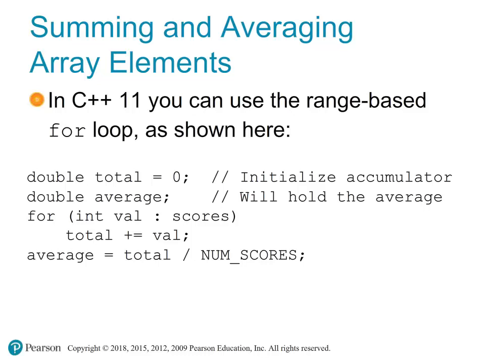This way, total will contain the sum of all elements in the array once the loop is done. After the sum is calculated, we calculate the average by dividing total by num-scores, which represents the number of elements in the array scores. The range-based for loop makes the code cleaner, more concise, and easier to read, eliminating the need for explicit index manipulation.